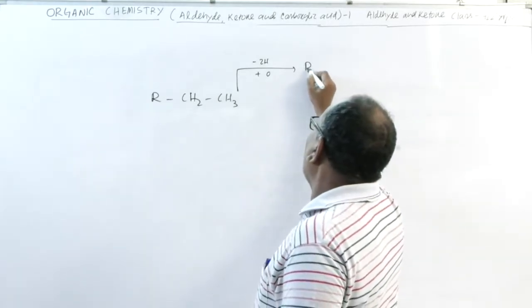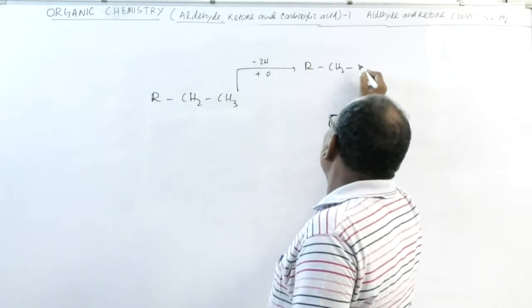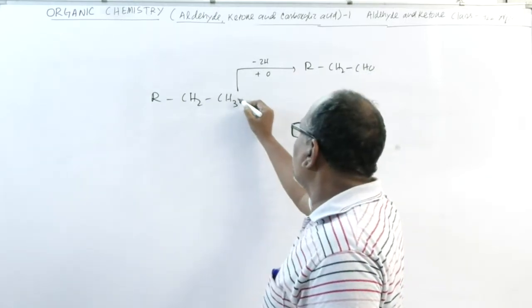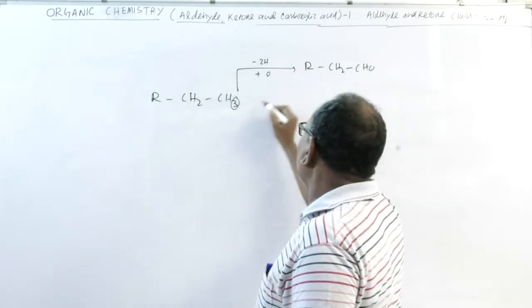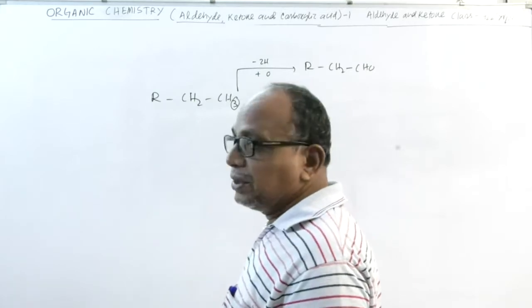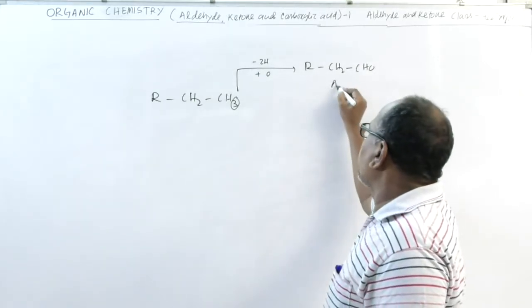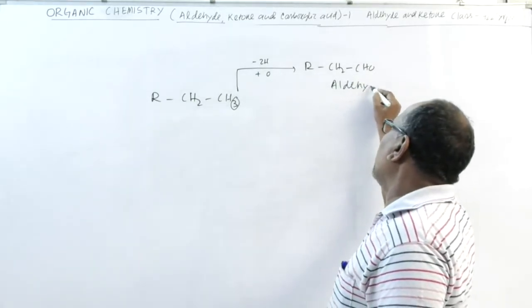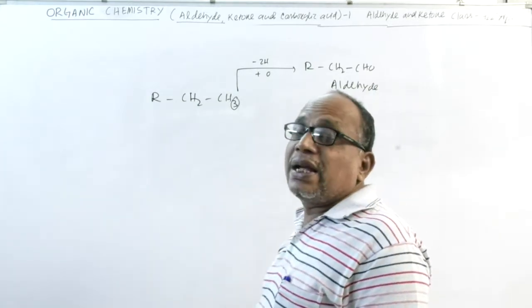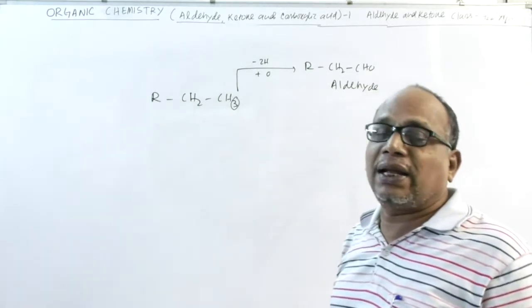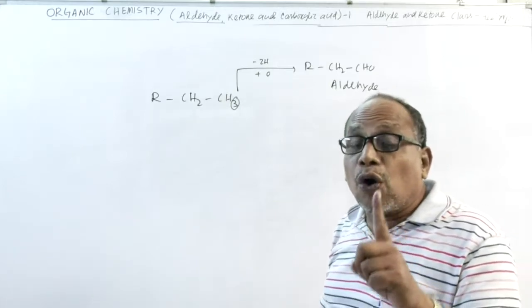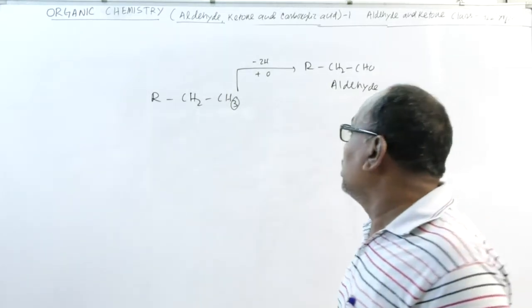It becomes R CH2 CHO. You remove these two hydrogens, it gives you what? Aldehyde. That means it is an oxo derivative of alkane. What derivative? Oxo derivative of alkane.